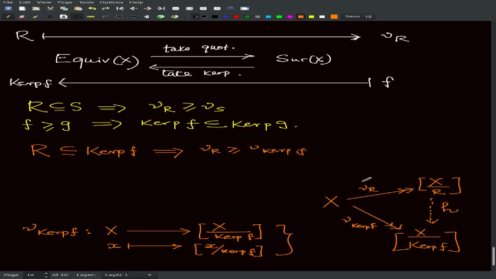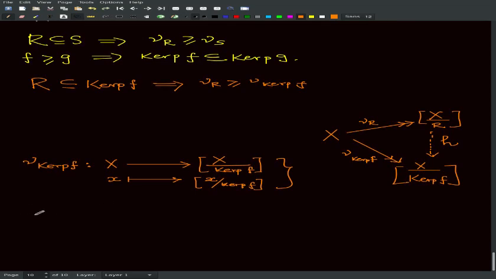If you have this, then it says the kernel pair of nu r. Aha, now what is the kernel pair of nu r? Let's see. x prime belongs to the kernel pair of nu r if and only if nu r of x is equal to mu r of x prime.